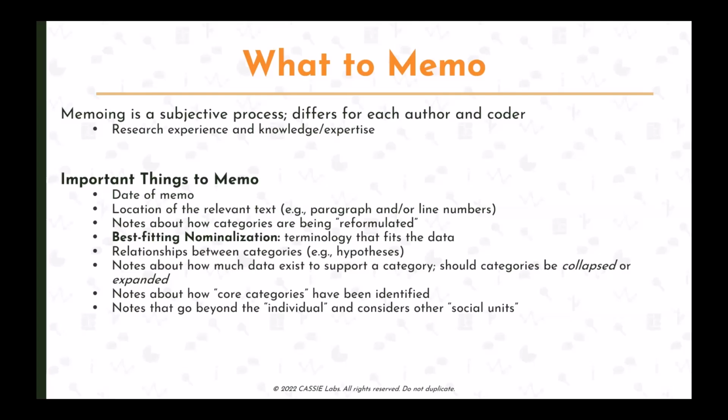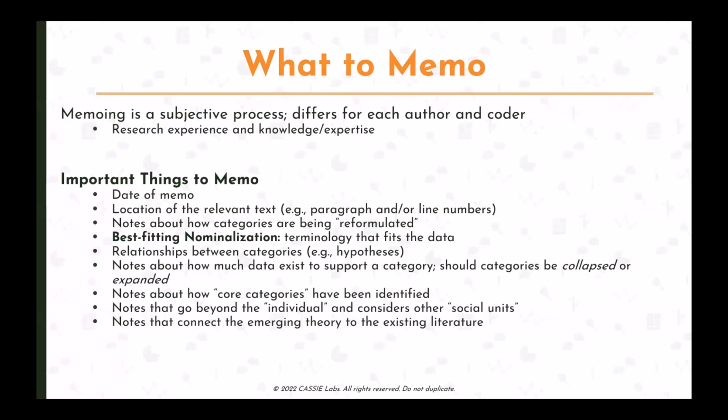Sticking with the nomenclature that Carrie and I have been using, we're an individual within these broader social structures and institutions and smaller cohorts. We call them families and friends and peers and all that. We can consider how the individual connects to those broader social units, and we can make those notes.